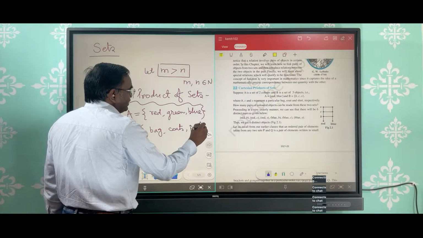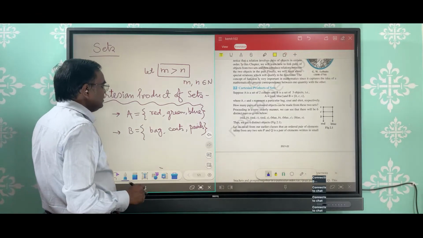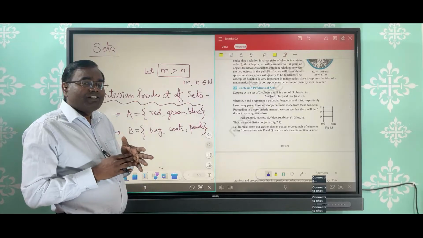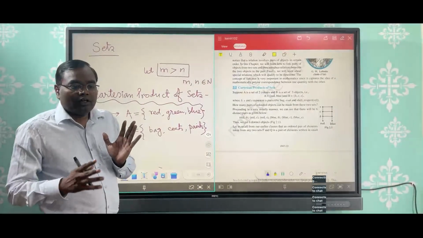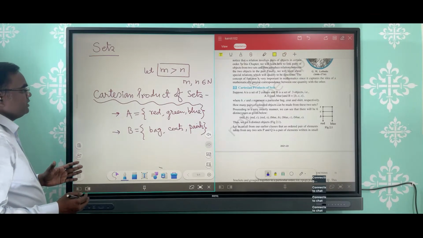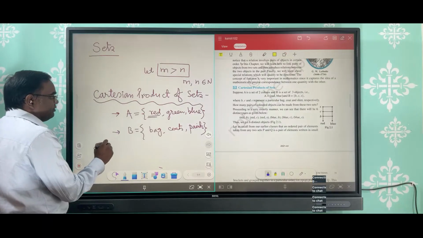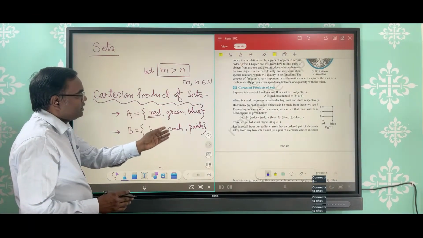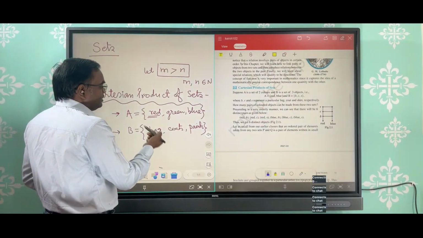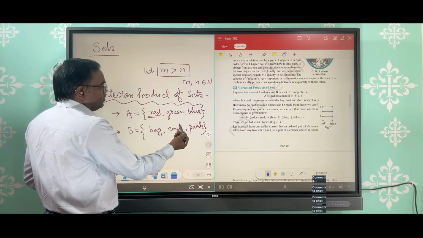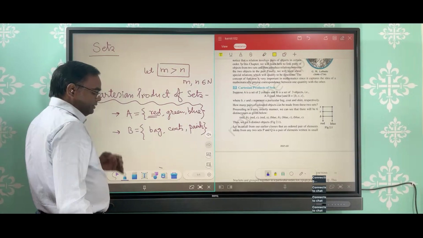You have two such different sets. Can you create a combination by taking the two sets? If you take the red color, you can have a red bag, red coats, and red pants. Similarly you can have green bag, green coats, green pants, and blue bag, blue coats, and blue pants. Right.